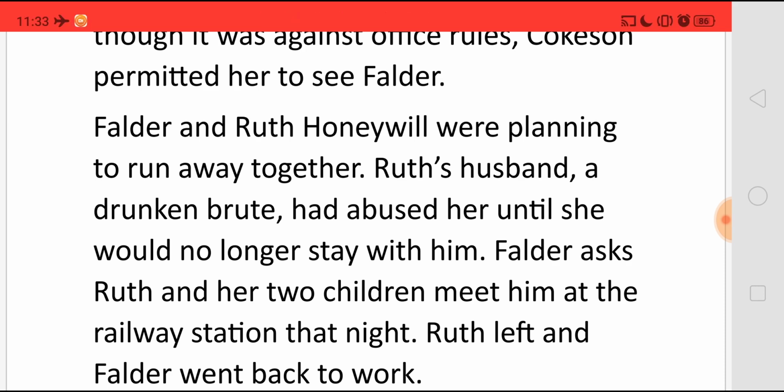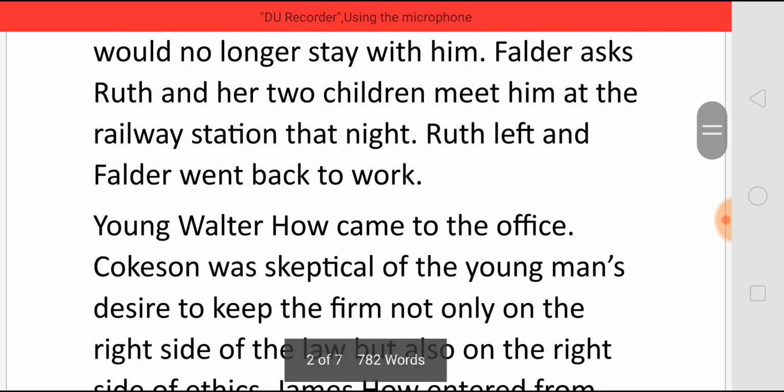So she has escaped with her two children and says that she will not go back to him. Falder says that he has already made arrangements and asks her to come along with the two children and meet him at the railway station that night. Then Ruth leaves and Falder goes back to work.